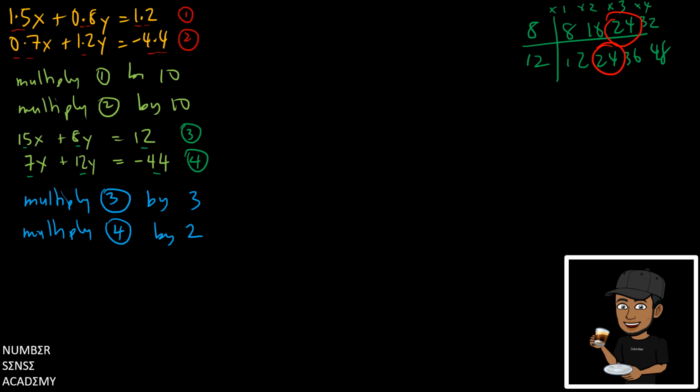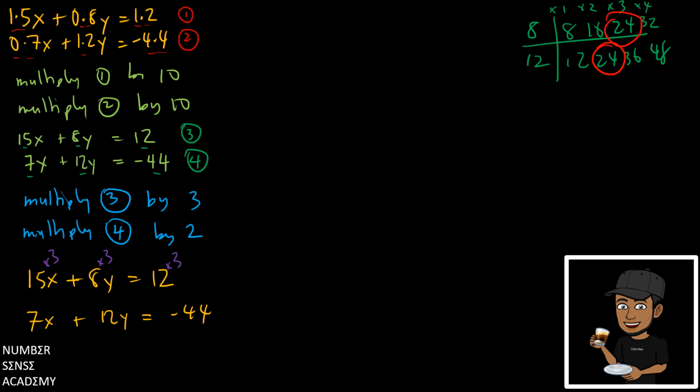So let me write those equations out, then we're going to show our operation. So I have 15x plus 8y equals 12. Then I have 7x plus 12y equals negative 44. So remember, I'm multiplying equation 3 by 3, so times 3 times 3 times 3.